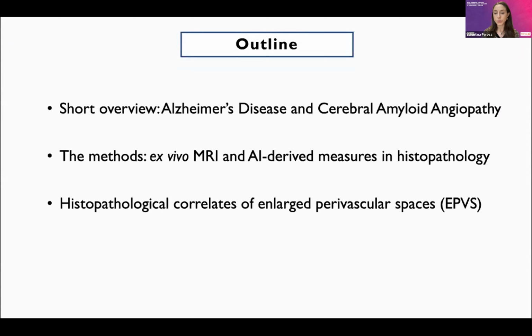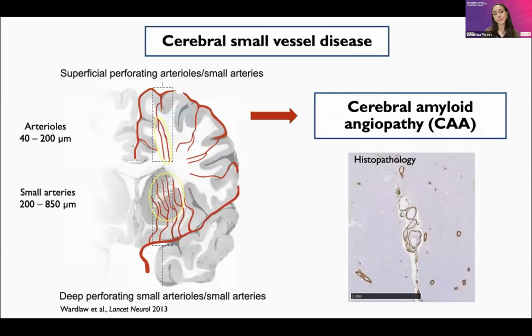Finally, I will also focus a little bit on one of my main projects in the lab, which concentrated on the histopathological correlates of enlarged perivascular spaces. And finally, I will close, if we still have time, mentioning some other projects that are going on in the lab and also use AI.